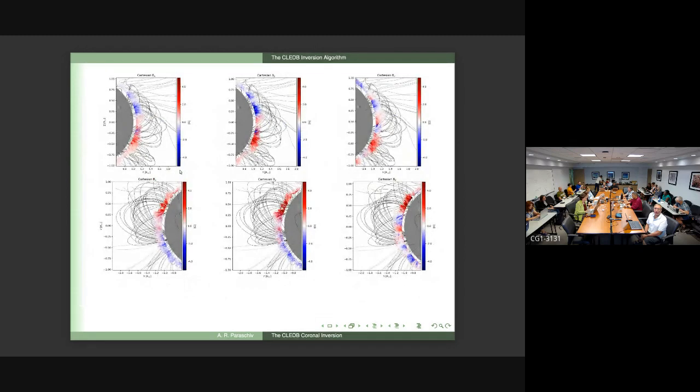And this is a more detailed plot of how such things work. Things are not perfect, but there seems to be a general agreement with the general direction that we expect for such coronal magnetic fields and what we can recover from the data.